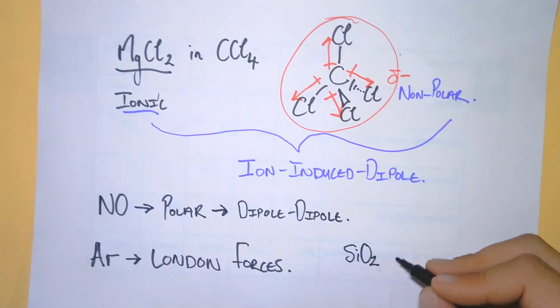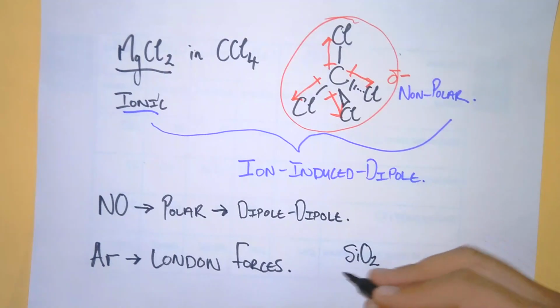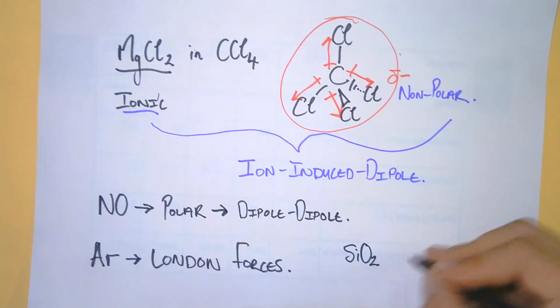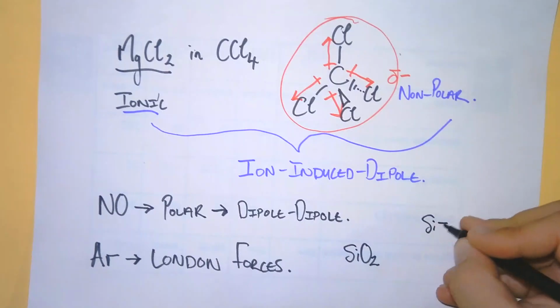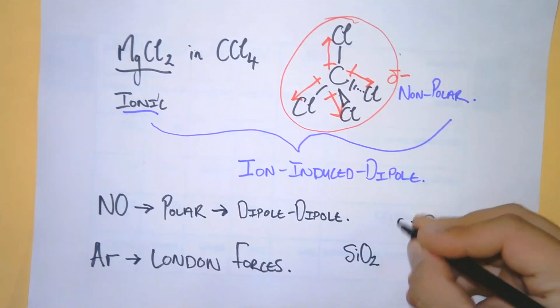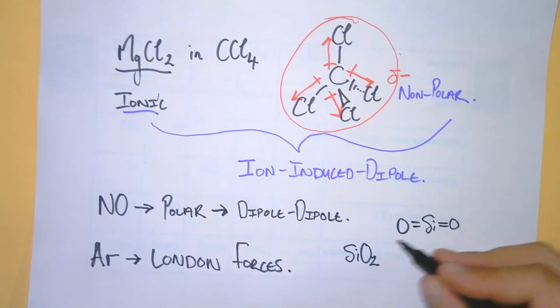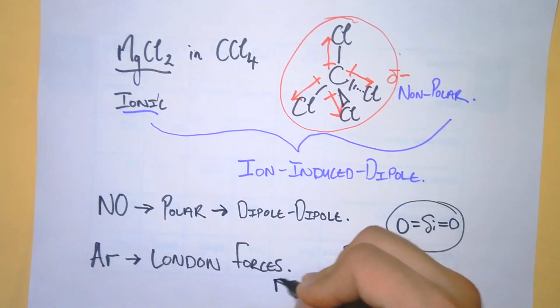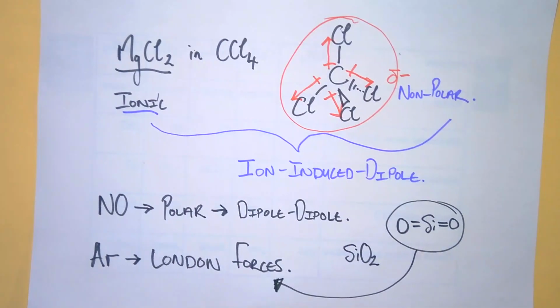It's actually a bent molecule. But for all intents and purposes, we're just going to handle it the way we would with the rules we have, which would mean that we have a linear molecule. So it would be the silicon bonded to its two oxygens, and it would make it a non-polar substance. And because it's a non-polar substance, we would say London forces.